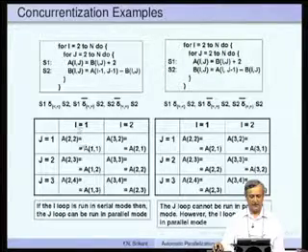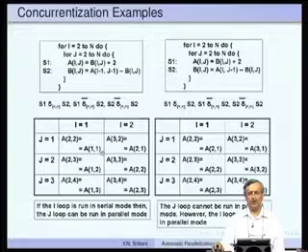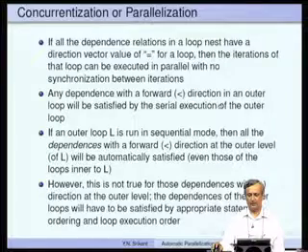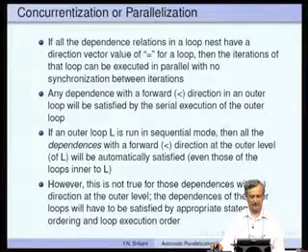So when we ran the I loop in sequential mode, this second component which is less than also got automatically satisfied. That is what we said here. Any dependence with less than direction vector in an outer loop will be satisfied by the serial execution of the outer loop, that is obvious.